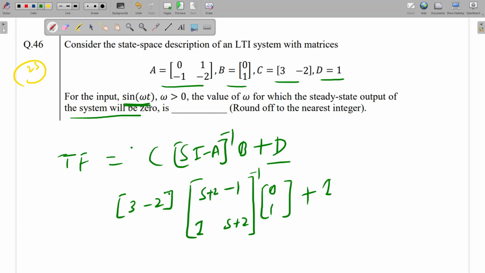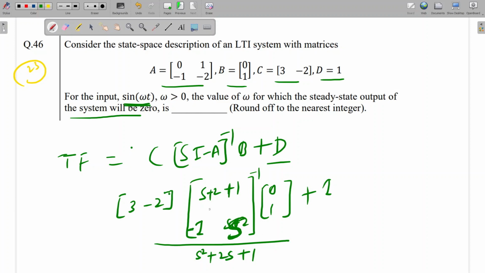So s plus 2 will come here, s will come here, plus 1, minus 1, divided by s square plus 2s plus 1. Is it correct? The equation is correct. So here 3s plus 6 plus 2.